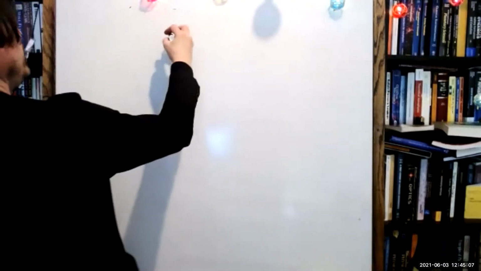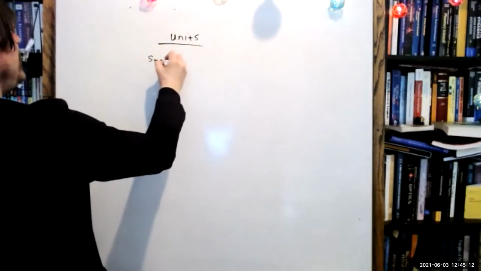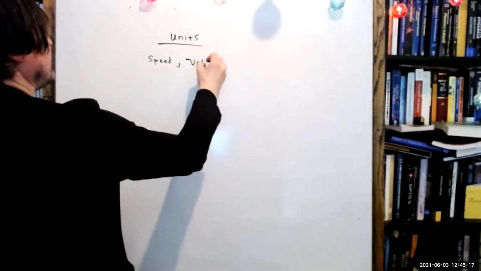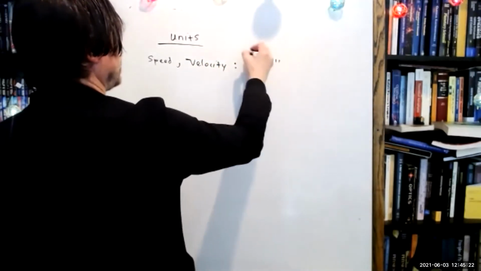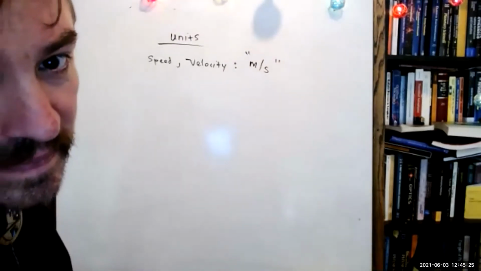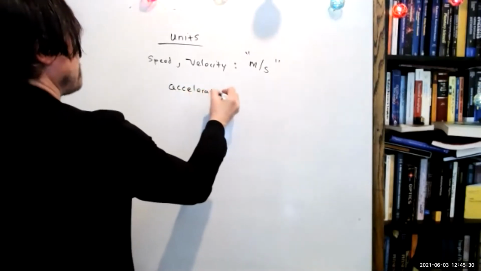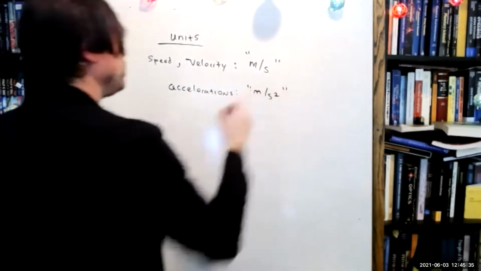So one of the takeaways that I wanted you to gather from this, and forgive me if it was a bit long-winded, is that when it comes down to units, both speed and velocity have units of meters per second in the MKS system, whereas accelerations in the MKS system are meters per second squared. And that's something that you can easily forget if you're not being careful.